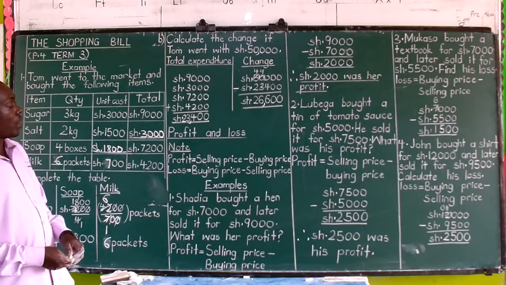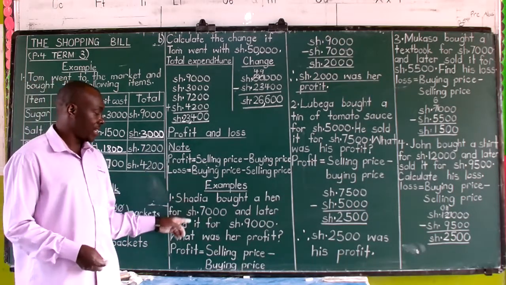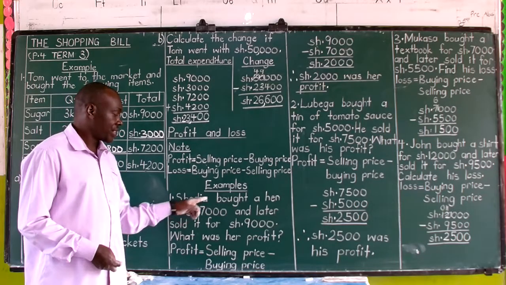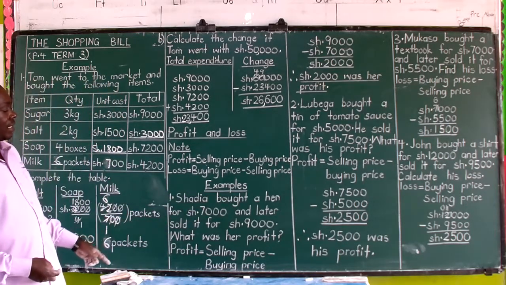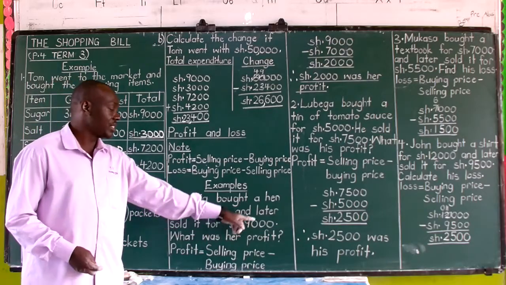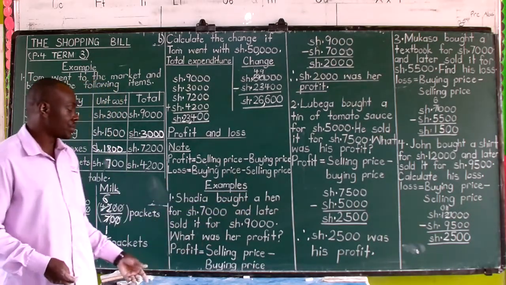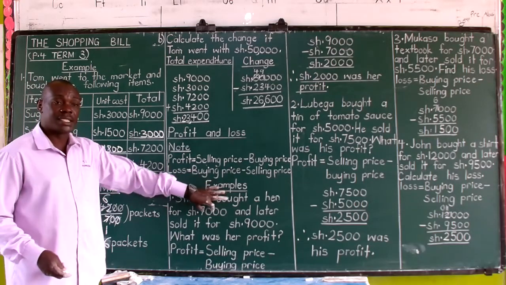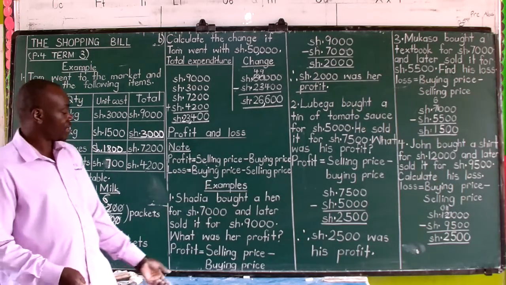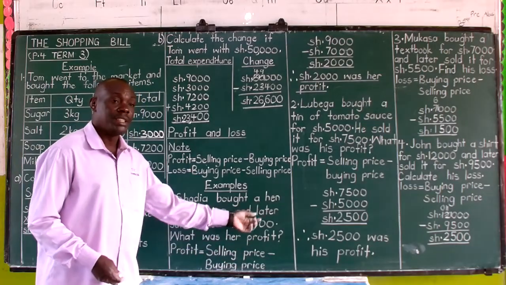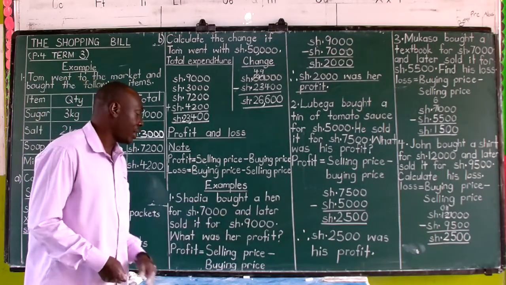So example number one within profit and loss reads: Shadia bought a hen for 7,000 shillings and later sold it for 9,000 shillings. You see, the buying price was 7,000 shillings, and the selling price was 9,000 shillings.